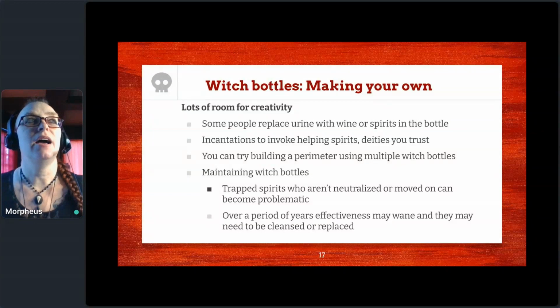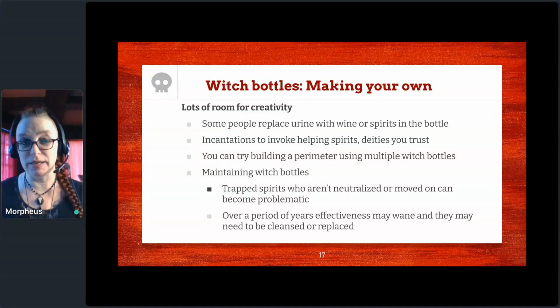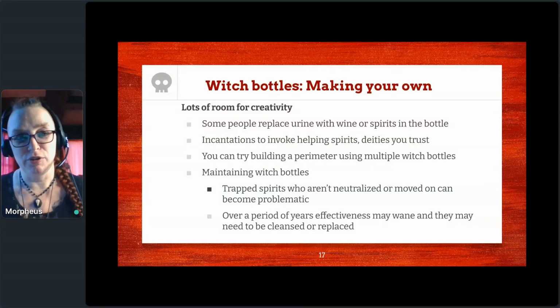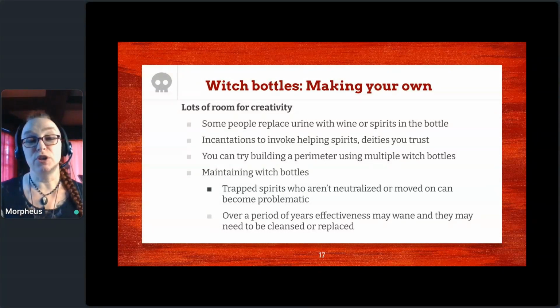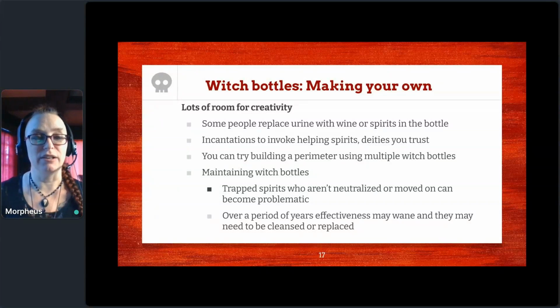I have seen people replace the urine with wine or spirits in the bottle, if you just don't want to deal with urine, or it's something where you think you may need to reopen the bottle or work with it more than once. Obviously, if you aren't using urine as a connection to yourself, then you need to put something else in there that acts as a lure.